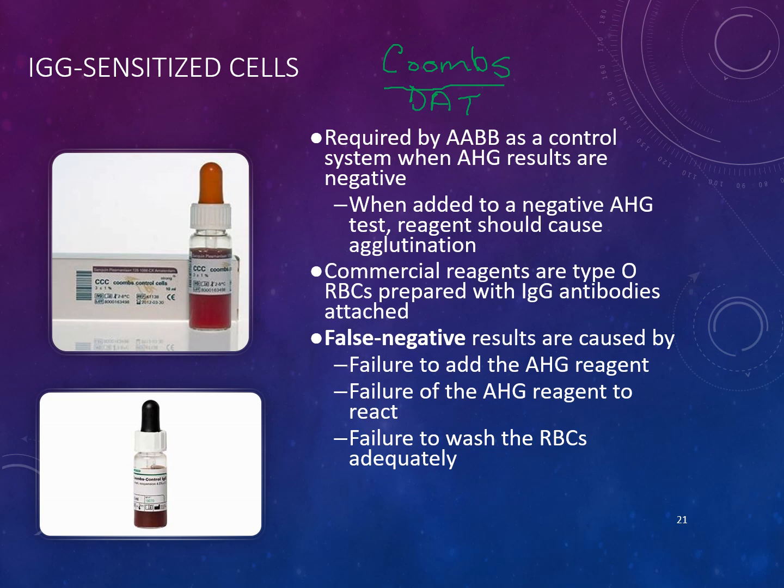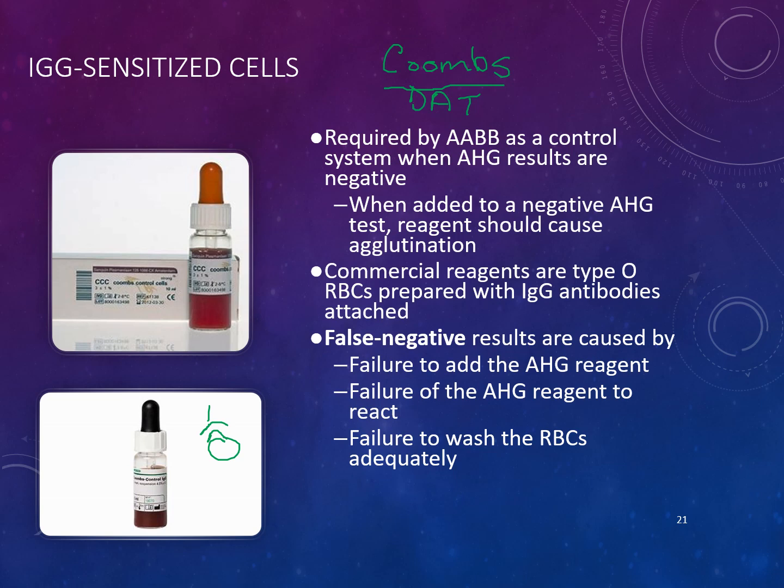So a way to ensure that you catch those errors is that there are cells made that are already pre-coated with IgG. When you drop that into your tube where you already have your patient's sample and you've added that AHG reagent, then if your patient was a false negative, in other words, they really should have agglutinated, when you drop this reagent in there, it's not going to agglutinate.